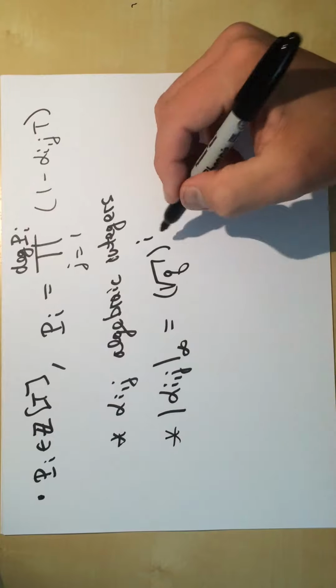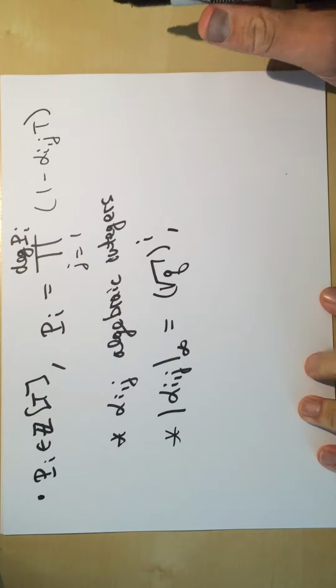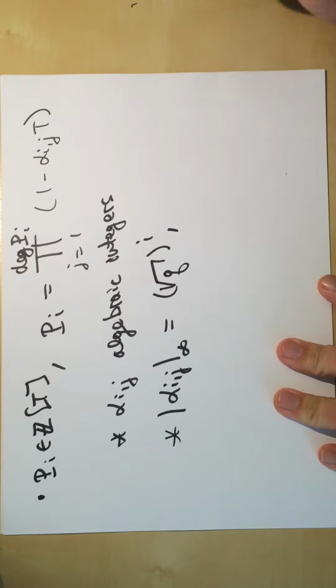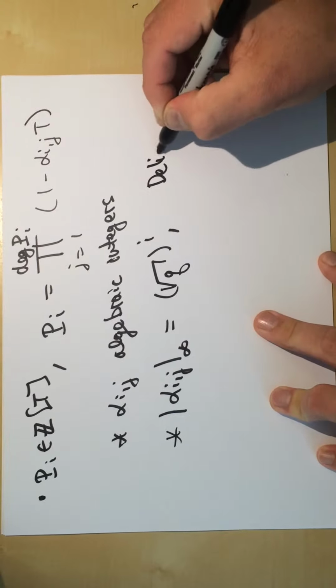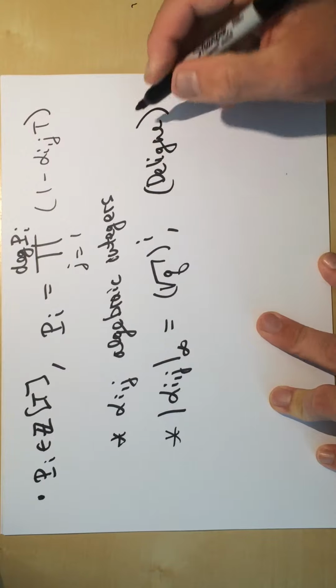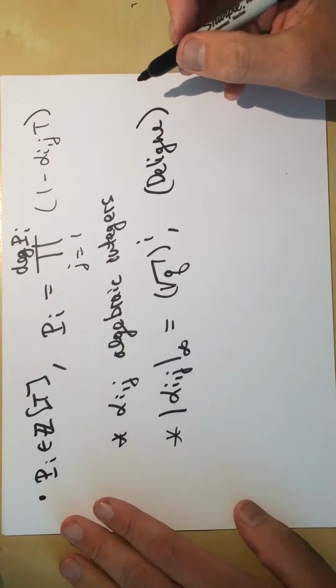So if you're on ith cohomology, you're going to have the ith power here, and this part is due to Deligne, and this is the Riemann hypothesis for varieties over finite fields.